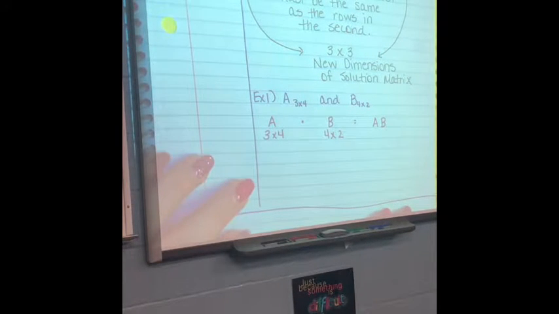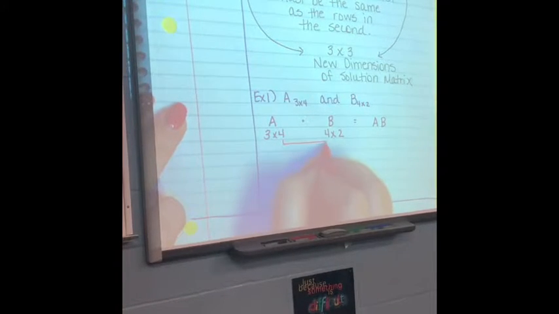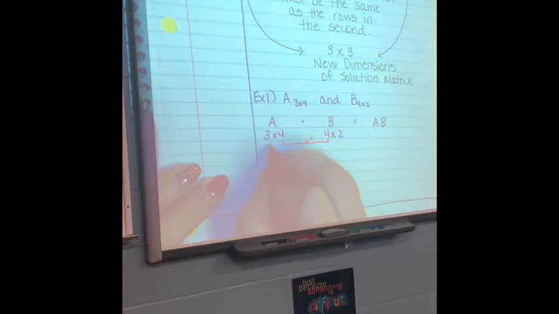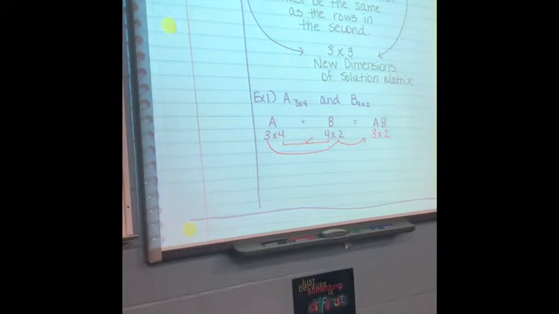Yes. Okay, so the first thing I'm going to check is here. Are these the same? Yes. So can I multiply them? Yes. And if I can multiply them, what are my new dimensions? 3x2. Very good so far.